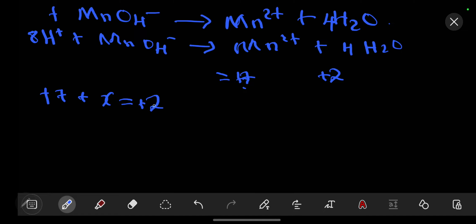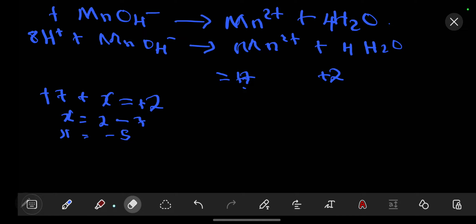Why plus 2? Because plus 2 is what I want to get, which is this value. So x should be equal to 2 minus 7, so x is negative 5. This negative shows that I should add electrons on this side. Electrons are negatively charged, so with that I can add electrons.